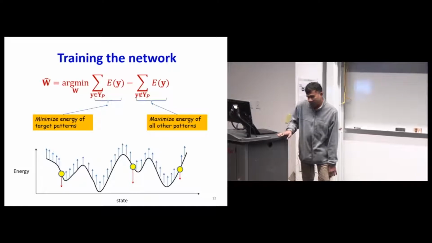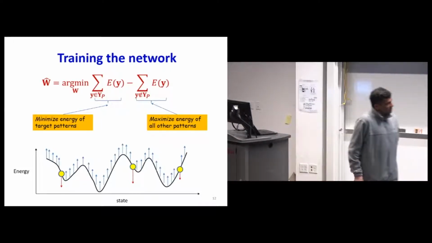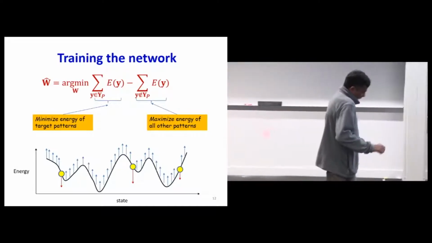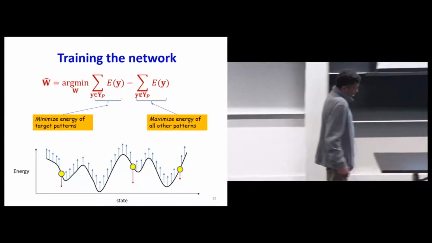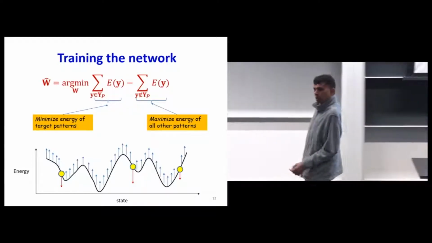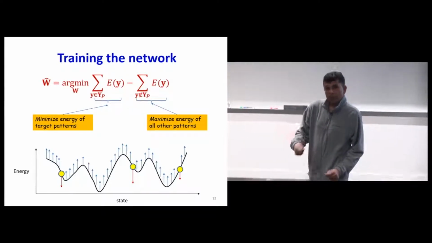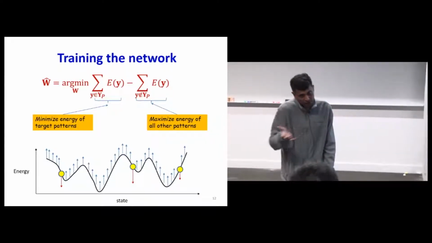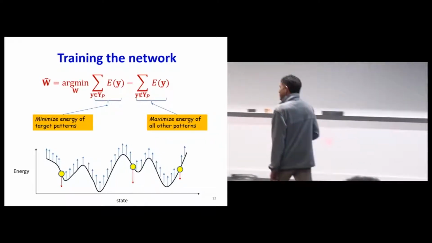So the point of training the network was something like this. If the yellow dots represented states, patterns that you would like to store, and if the current weight setting gave you the energy contour shown in the figure, then you try to update the weights such that the energy of the target patterns goes down and the energy of the remaining patterns goes back up, right?